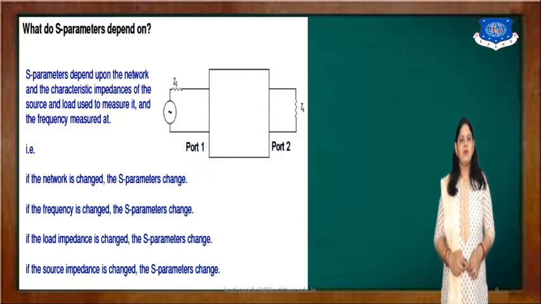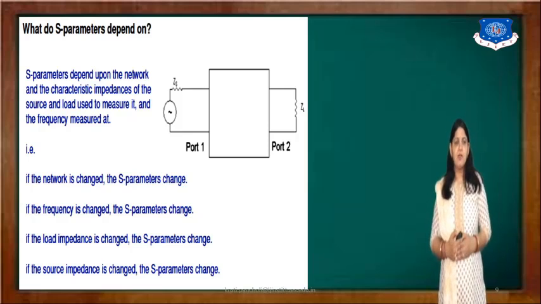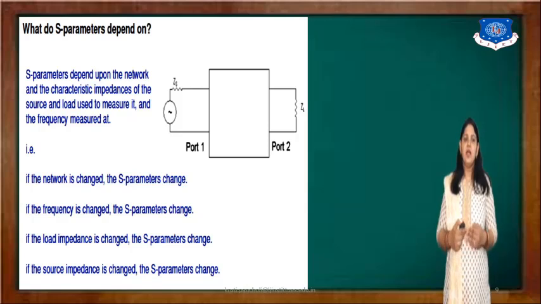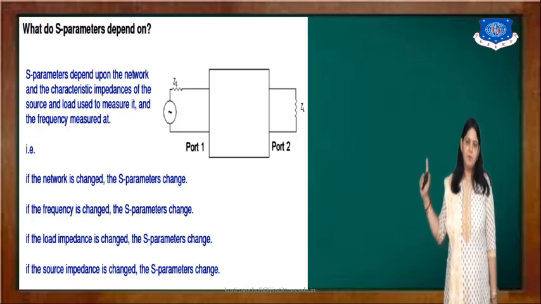Now this is about what S parameters depend on. S parameters depend upon the network, the characteristic impedance, the source and the load used to measure it, and the frequency measured at. Here you can see in the diagram port 1, port 2, input impedance Z0, output impedance ZL.